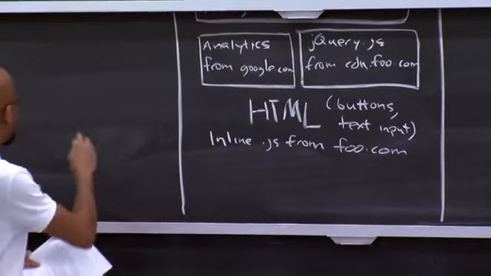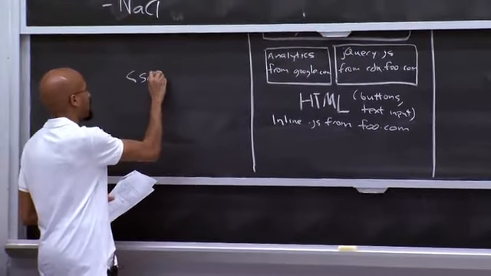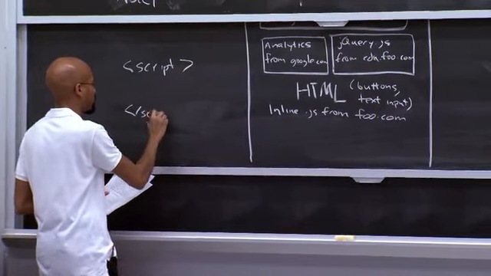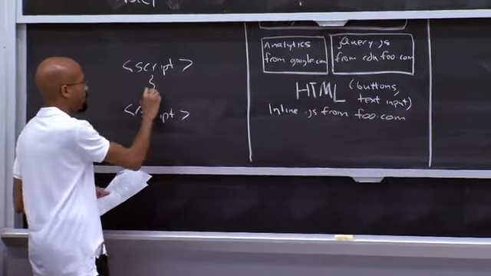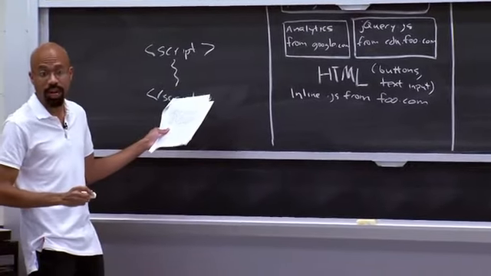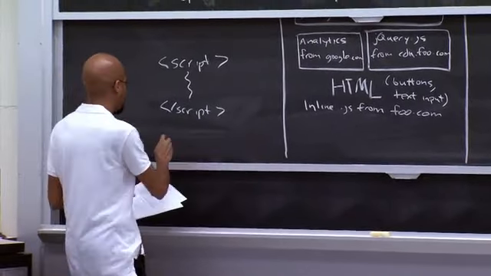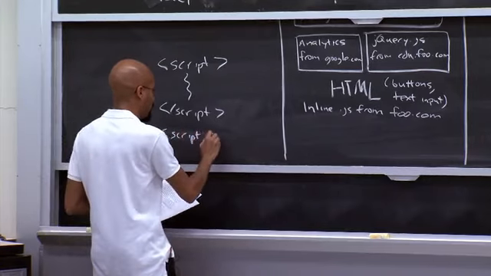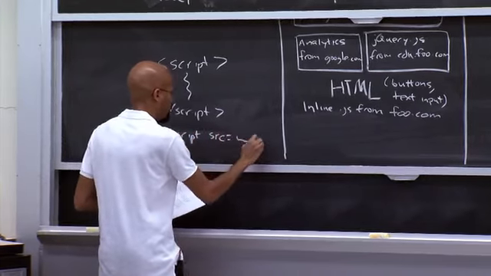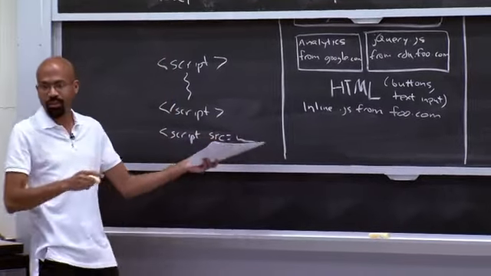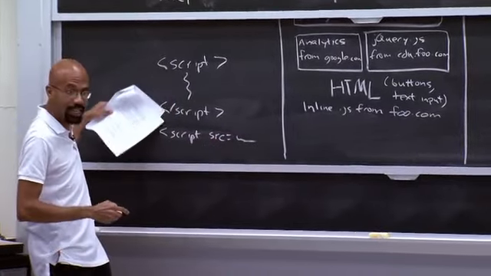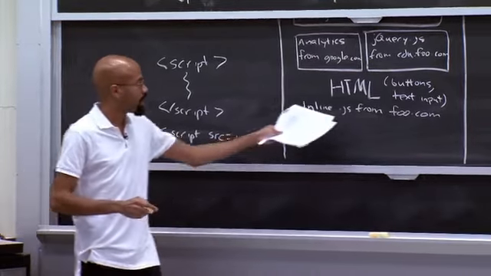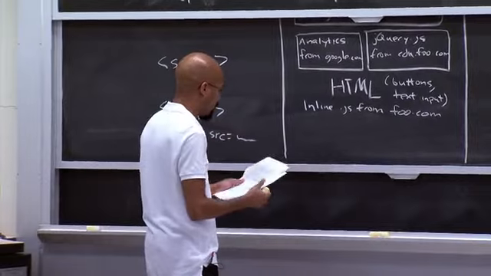And by inline, I just mean you have a script tag, and then you have a closed script tag, and then you just have some JavaScript code included in there directly, right? That's as opposed to where you say something like, script, and then the source equals something that lives on some server remotely, right? So this is what's called inline JavaScript. This is what's referred to as an externally defined JavaScript file. So you might have some inline JavaScript there from foo.com.